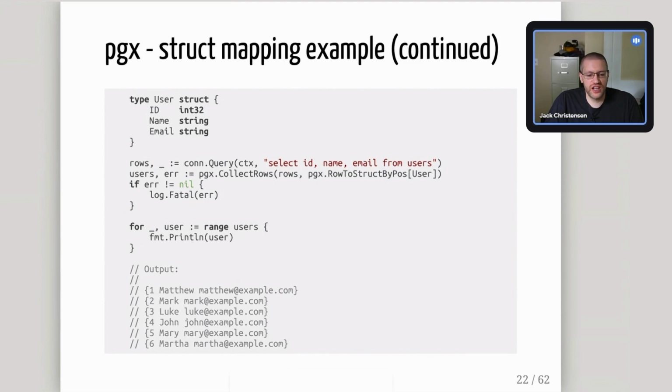Even though it uses generics to know what type of thing to return, to actually do the value mapping from each column to field, it still has to use reflection. So it's definitely going to be slower than writing out the function by hand. In my usage, I have not found that to be a problem. But if you do, you can still use CollectRows. You just write out the function and manually scan the different pieces.